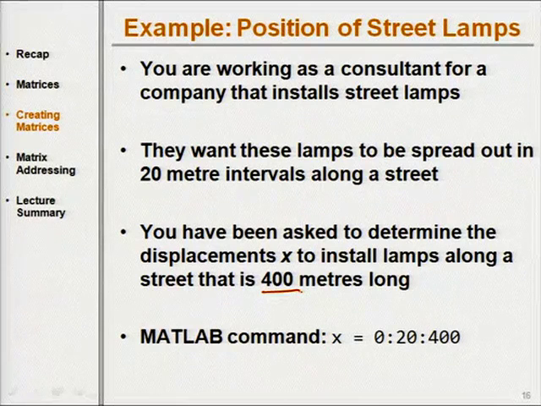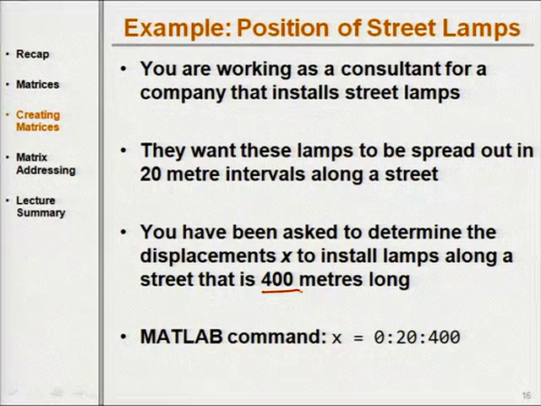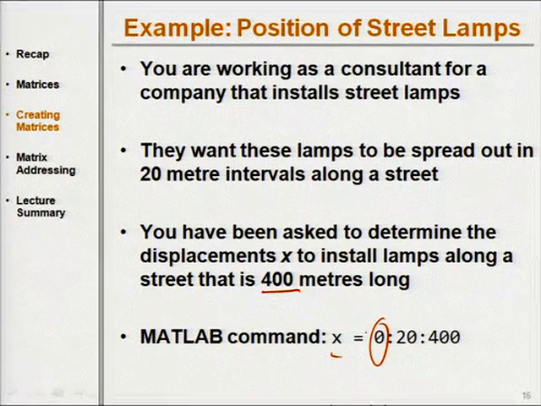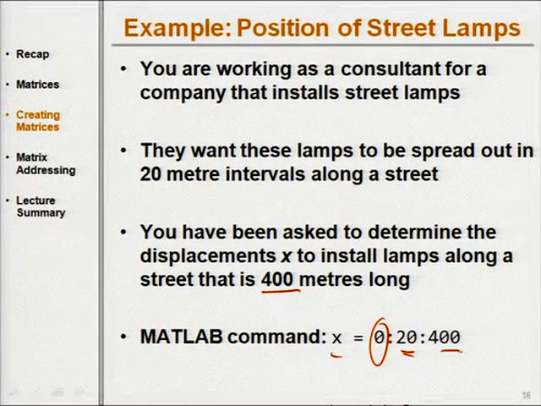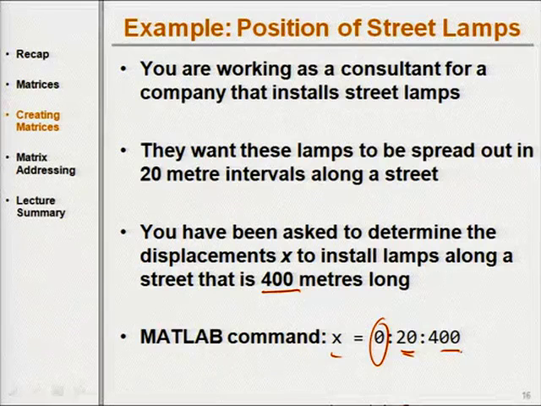So you can decide where to put the posts by creating a vector x that starts at 0, in increments of 20 meters, up until 400. That will give you all the distances where your posts have to be. However, not every road is 400 meters.